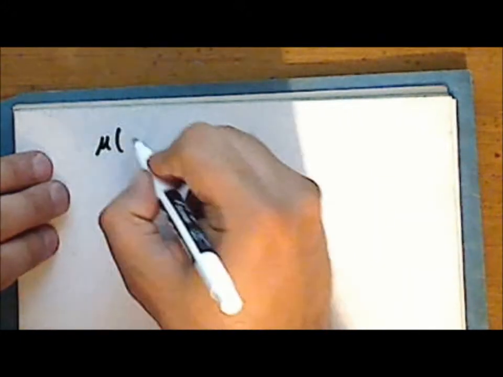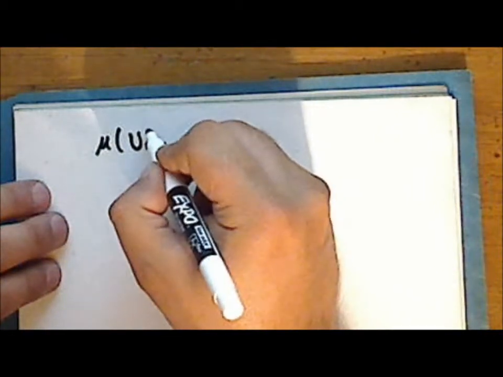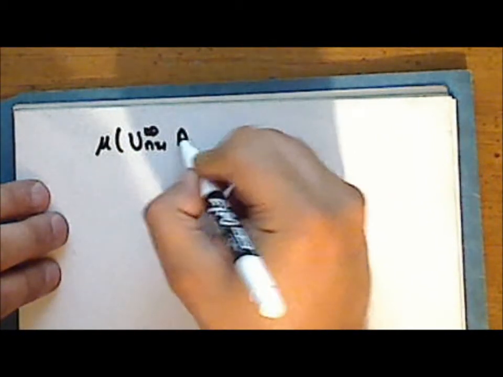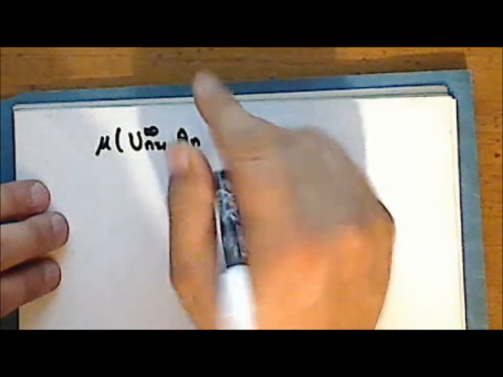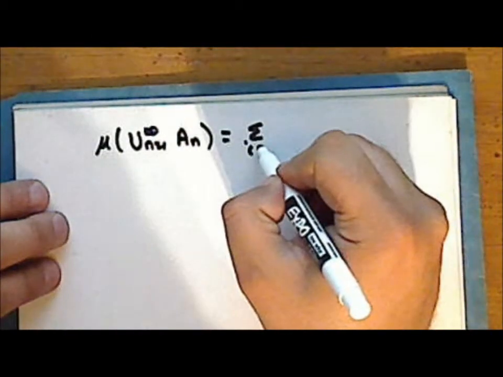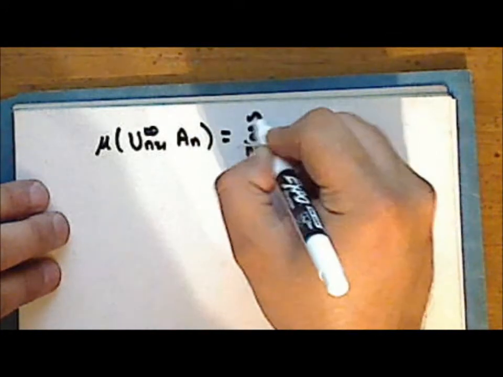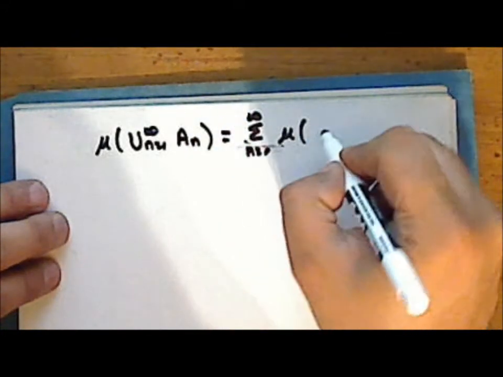So the measure is a countably additive function, and so we have that the measure of the countable union of subsets A sub n is the infinite sum of the measures of those sets.